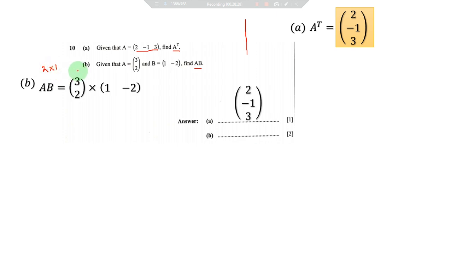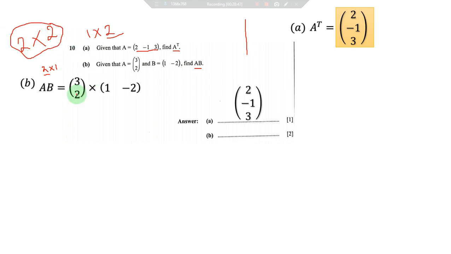My second matrix is a 1 by 2. So I'm going to get the row for the first matrix, which is 2, and the column for my second matrix, which is a 2 again. So this will be the order of my final matrix.